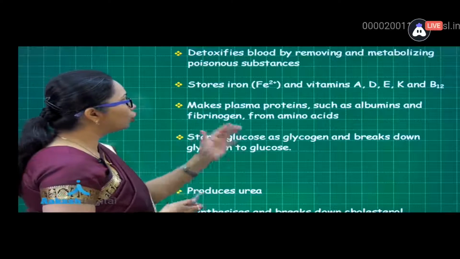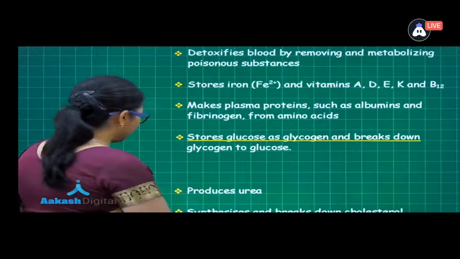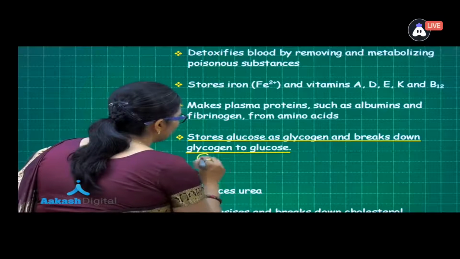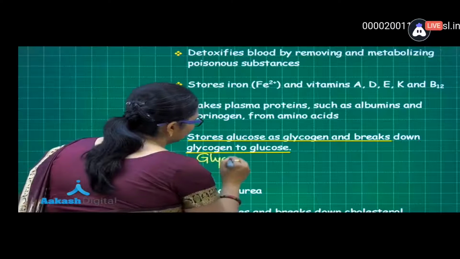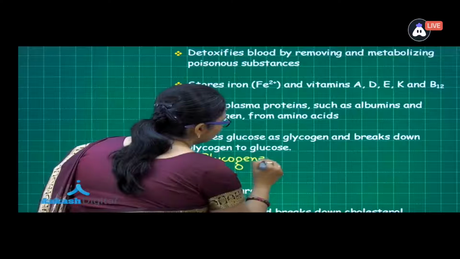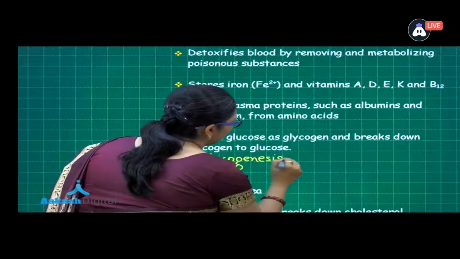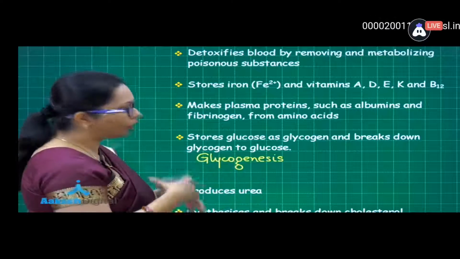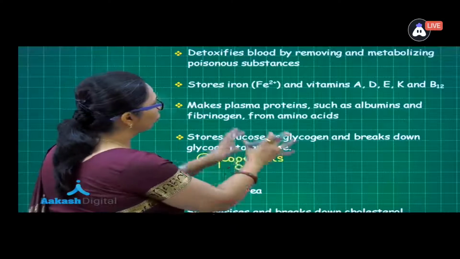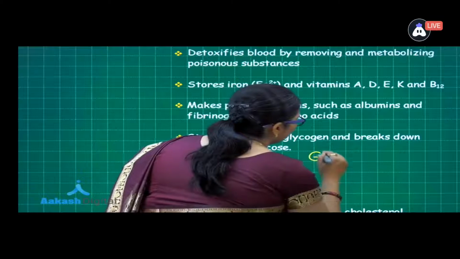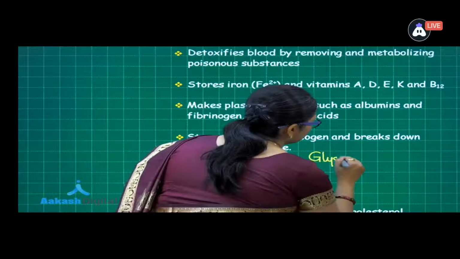Then they store glucose as glycogen, and when glycogen is synthesized, the process is called glycogenesis. And the reverse, whenever the body requires more glucose, that glycogen will be broken down to glucose, and that process is called glycogenolysis.